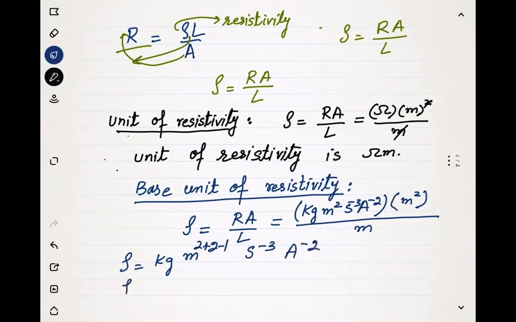So the base unit of resistivity would be kilogram meter power 3 second power minus 3 and ampere power minus 2. This is the base unit of resistivity.